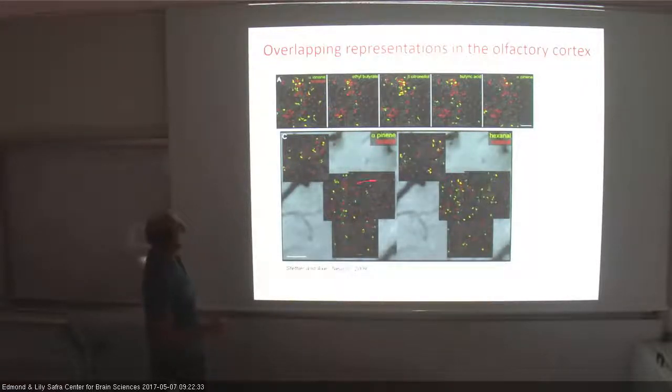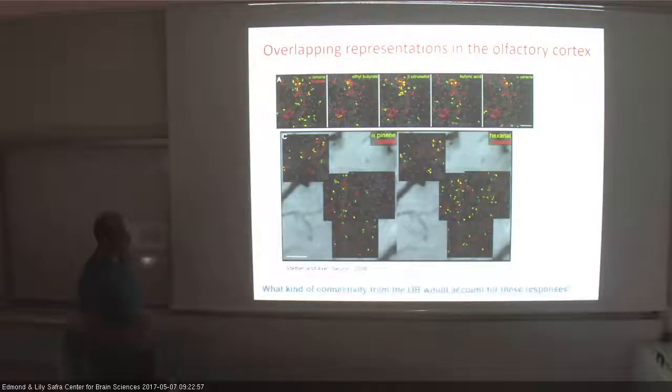These are different odorants, and you can see that there are some cases, not a lot, but some, where you have these yellow cells indicating that they responded to both of the stimuli. So at the level of the piriform cortex, the responses are not highly selective. A given neuron may respond to more than one monomolecular odorant.